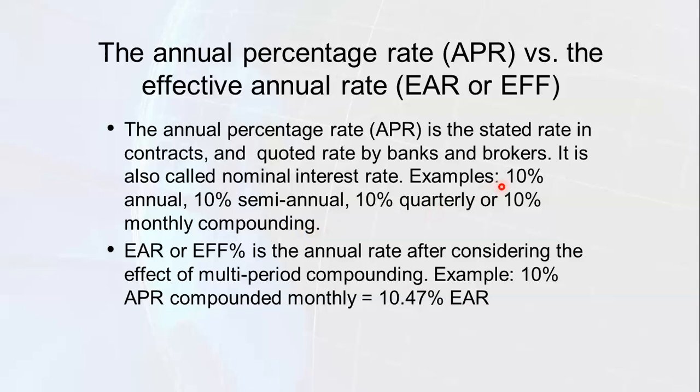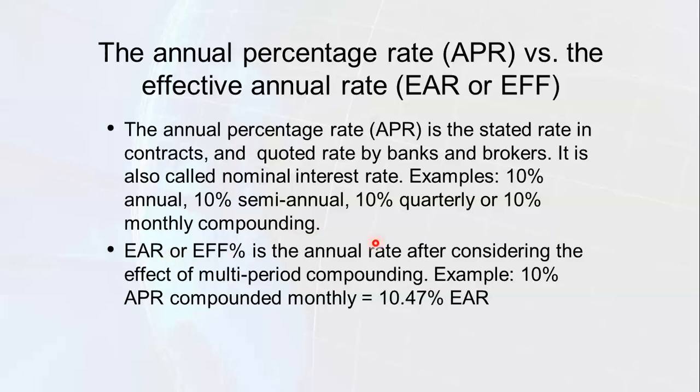Because if you have 10% APR compounding monthly, it means every month interest is going to make interest. Whereas if you have 10% APR compounding annually, your interest is going to start making interest at the end of the first year. Okay, so these are different things.